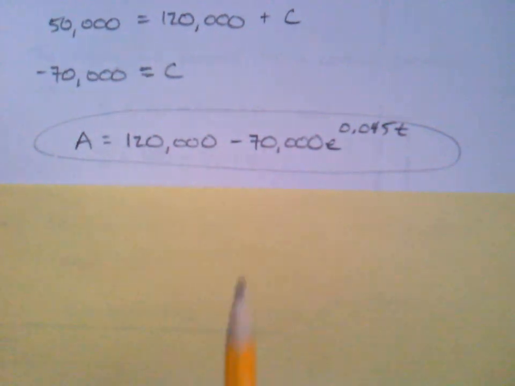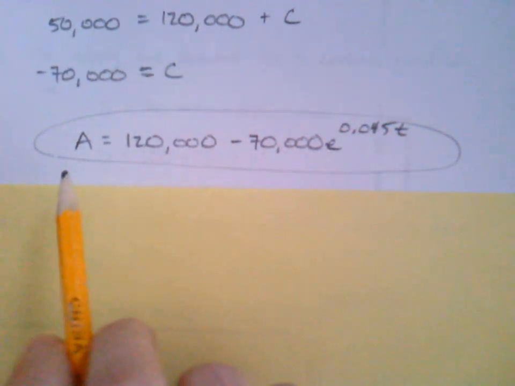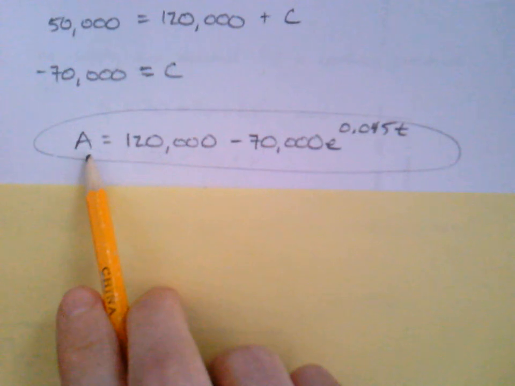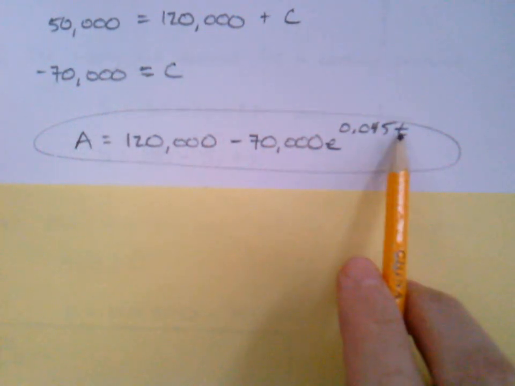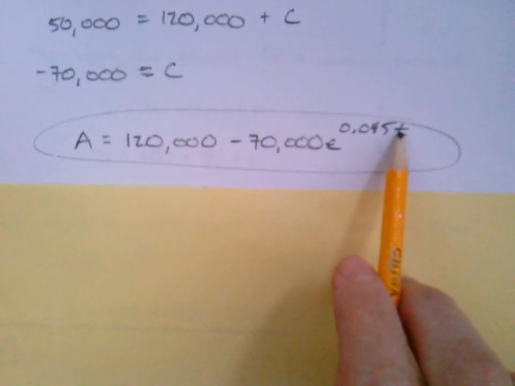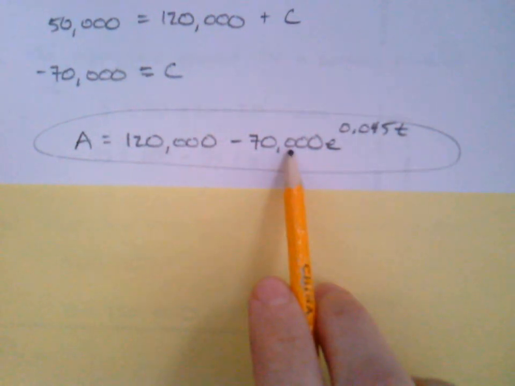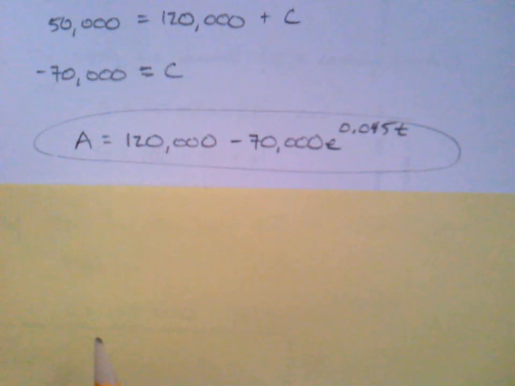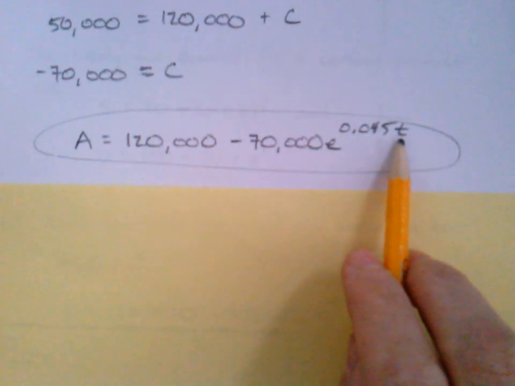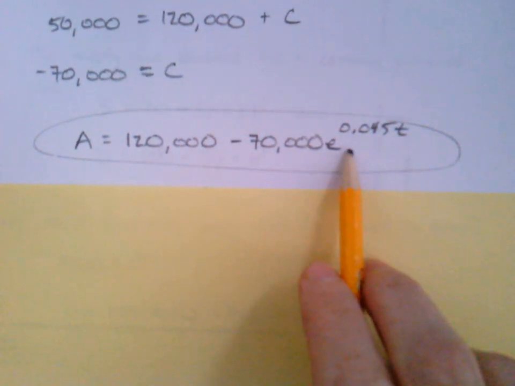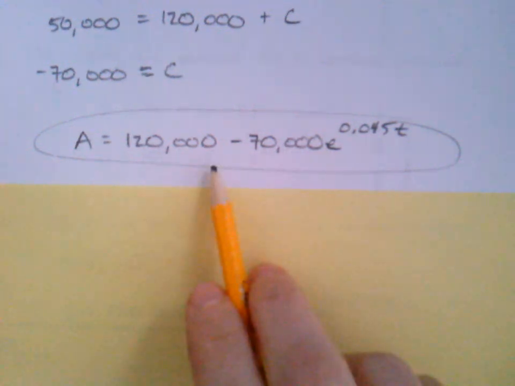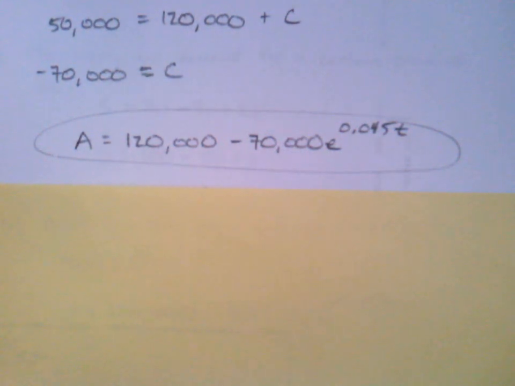And so if you explore this a little bit, what is the amount at time 0? If t equals 0, wouldn't this whole thing be 1? And we'd have 120,000 minus 70,000. That's the 50,000 that we started with. But as t starts to get bigger, then we're subtracting something more than 70,000, and the value is getting less and less and less.